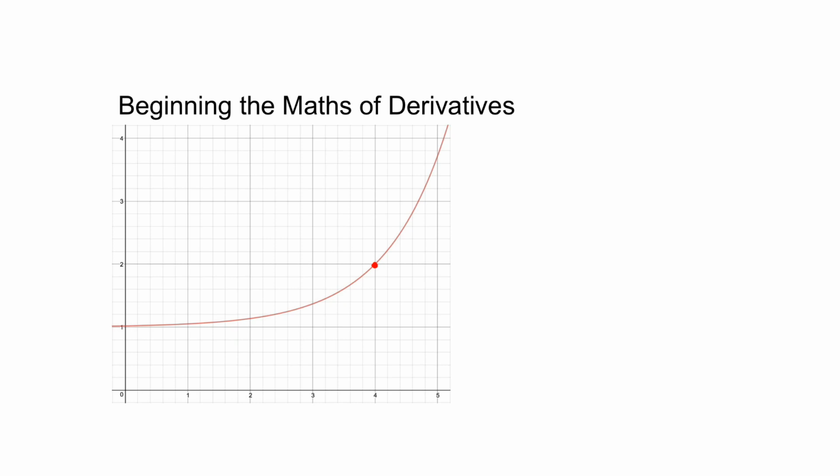What we can do is look at how the function changes as we get closer and closer to this point. So taking our average and making each of those averages smaller and smaller until we reach our actual point.